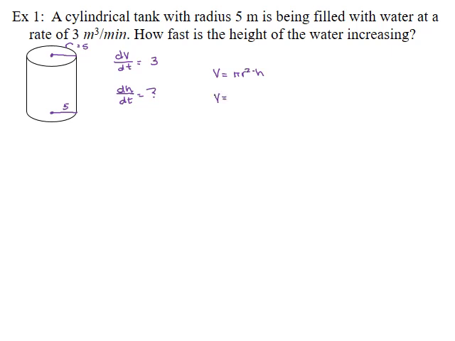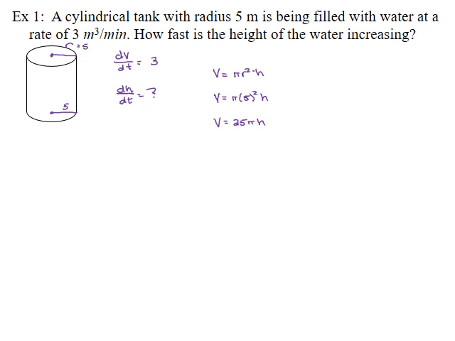So I can say that the volume of this cylinder is pi times 5 squared times h, which is the same thing as volume equals 25 pi times h. 25 pi is just a constant. h and V are your variables here. So going back to section 2.6, when we did implicit derivatives, I'm going to start from the left and take the derivative of everything.